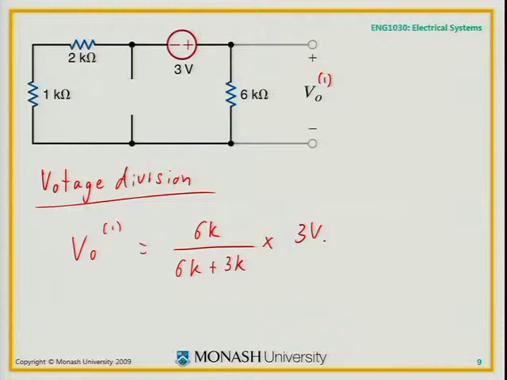How much of that 3 volt source drops across the 6K resistor? Well, it's the 6K resistor divided by the total resistance, times the 3 volts, which is 2 volts. So if I had just that 3 volt source acting alone, I'd find 2 volts across that 6k resistor.